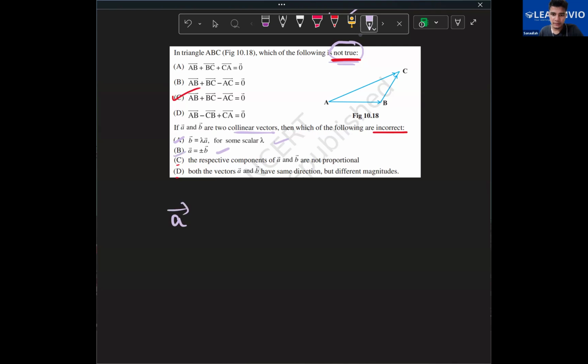What is a vector? If A vector is in this direction, I told you that this plus minus represents only the direction. It will not affect your magnitude, right? So if this is A and this is B, and since they are collinear, this is not wrong.